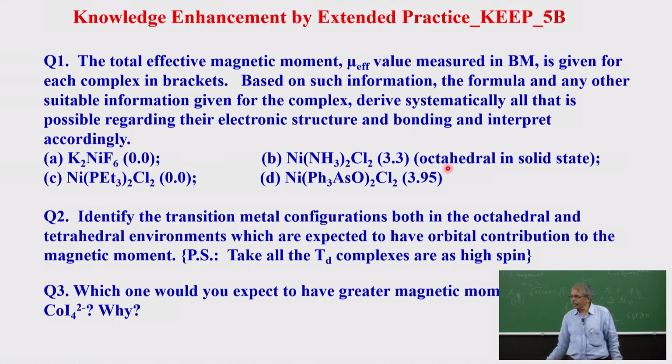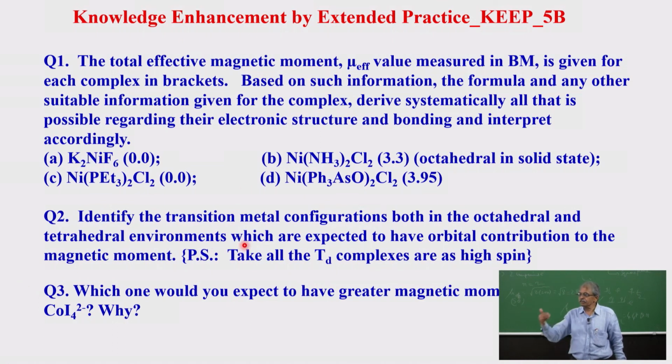For example, here extra information is given in a solid state. In the solid state, these units will join together through bridging. For example, in this case, the Cl moieties can bridge between the 2 neighboring nickel centers. So, though there are 4 ligands, it will be 6-coordinated because of the additional bridging. Other things you know very well. So you can try to work out.